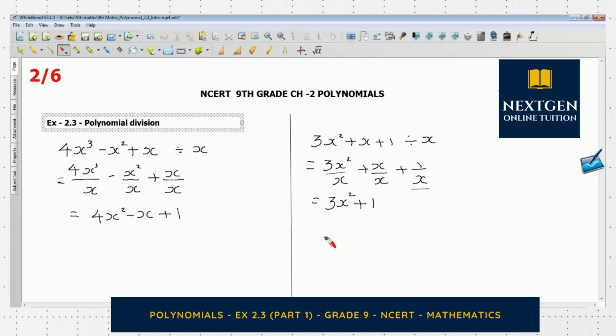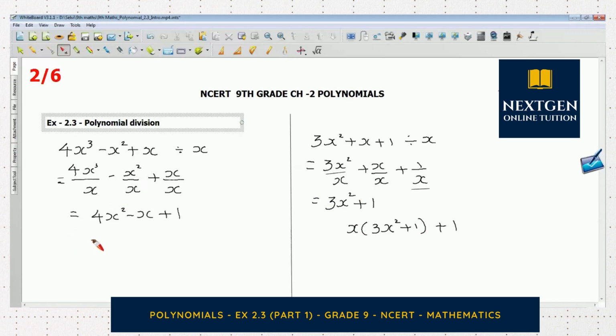So the division statement for this sum is x multiplied by 3x square plus 1, plus 1. This is my quotient and this is the remainder which cannot be divided, and this is the divisor.